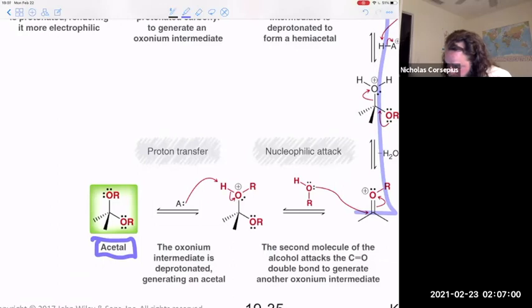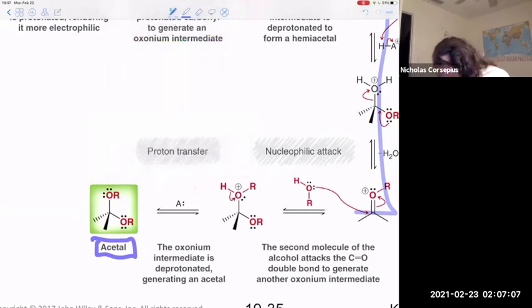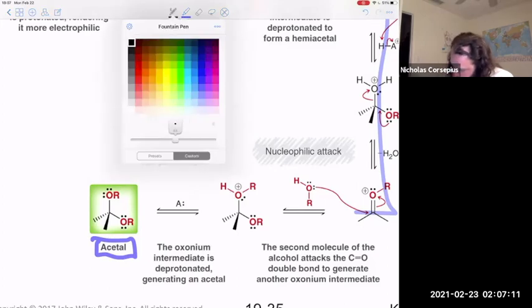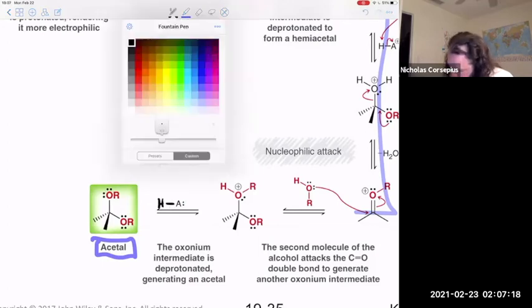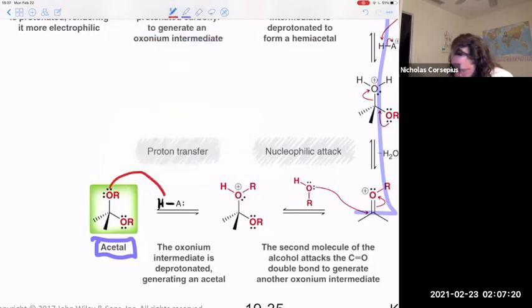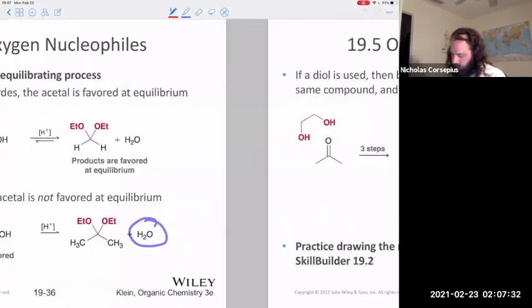That means that the first step here is going to be the protonation of this oxygen, taking me to this species here. Okay, so you're just going to do everything in the exact reverse direction. But I want you guys to do that as part of your discussion.